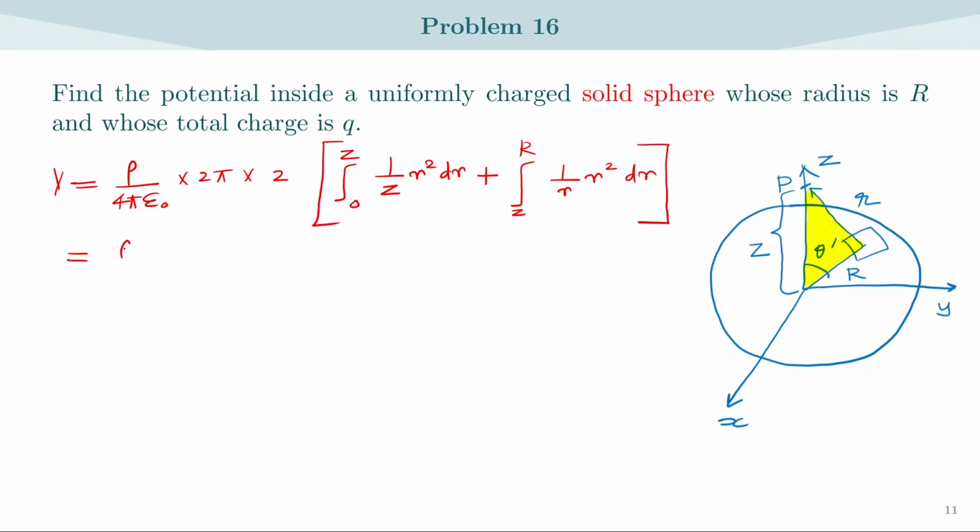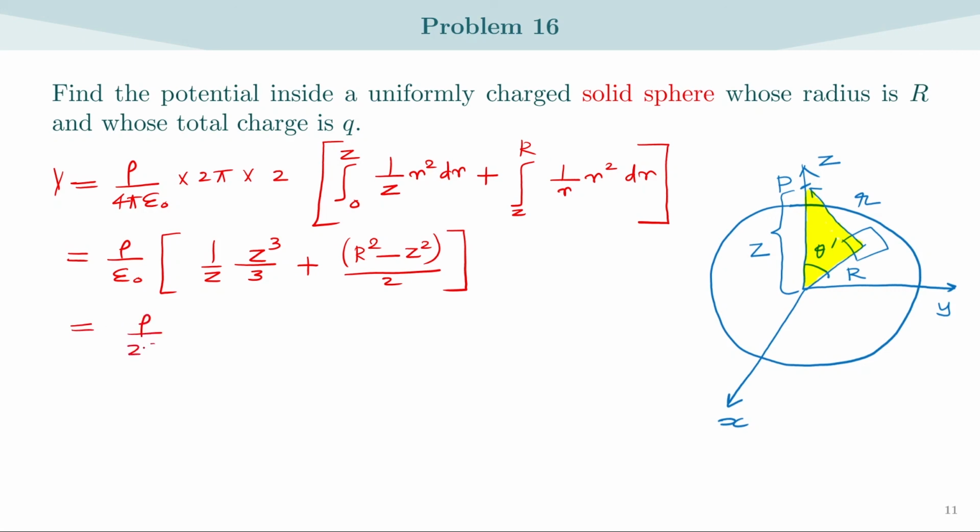This is equal to ρ over ε₀ times [(1/z)(z³/3) + (R² − z²)/2]. This is equal to ρ over 2ε₀ times [R² − z²/3].